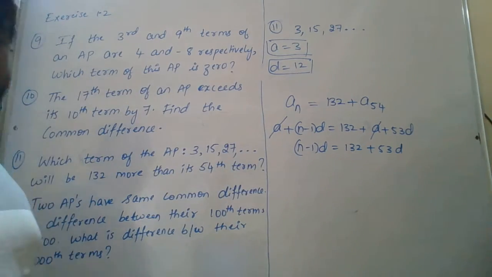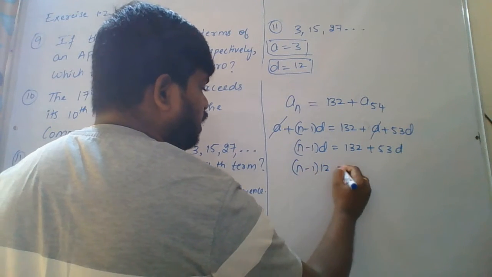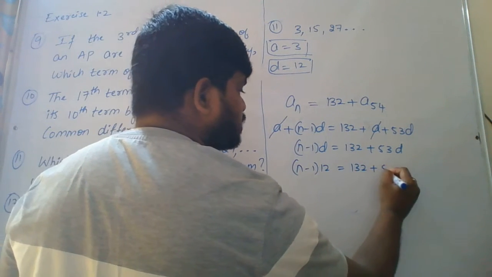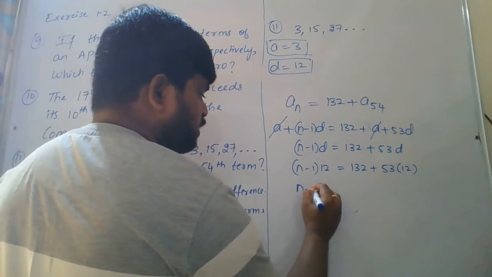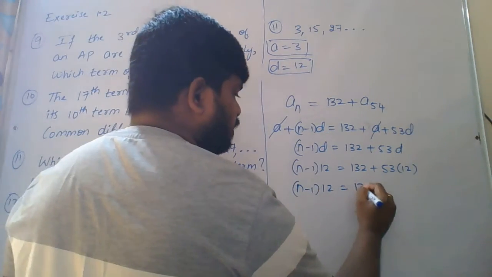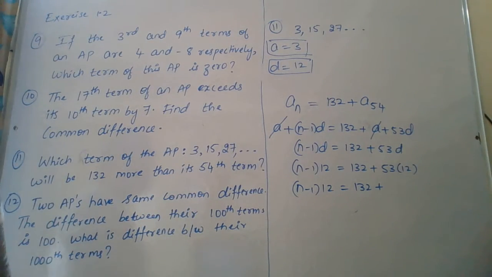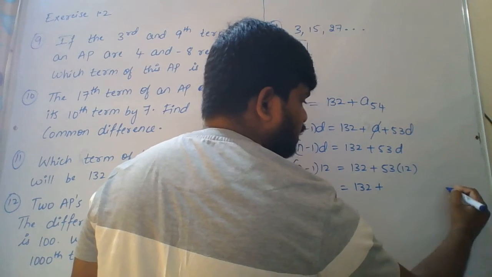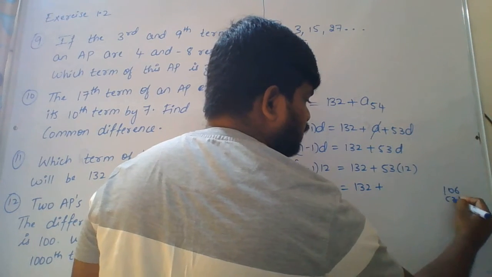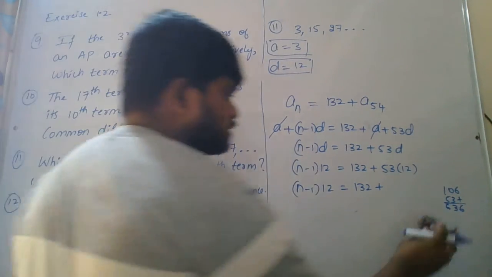Now we know the value of d, so let's substitute it. n minus 1 into 12 equals 132 plus 53 into 12. How much do we get for 53 into 12? 2 threes are 6, 2 fives are 10, so it is 636. Okay.